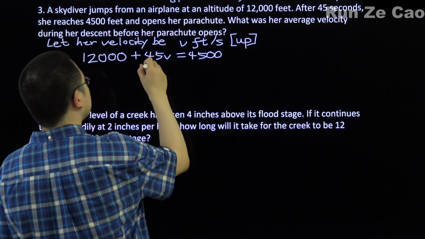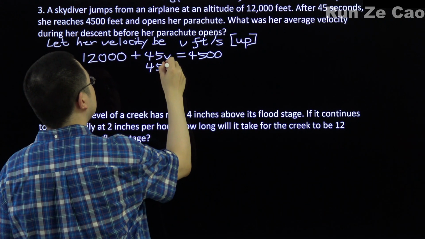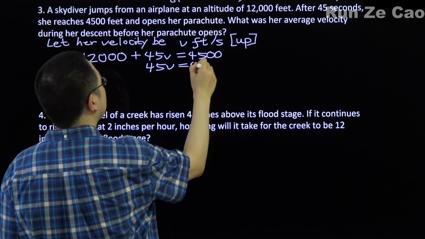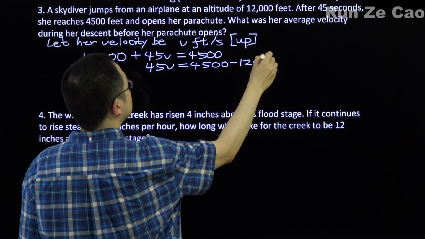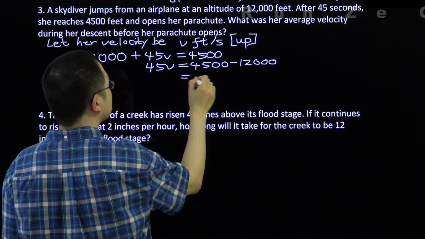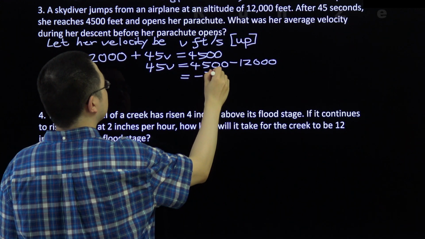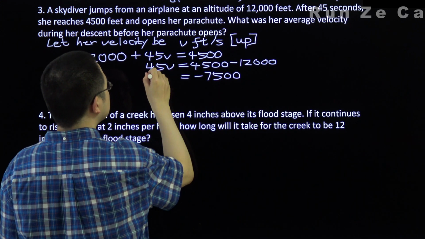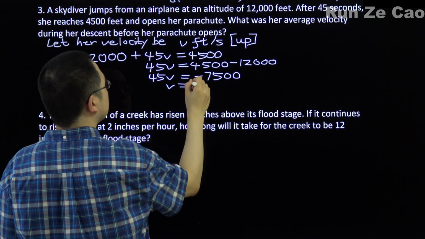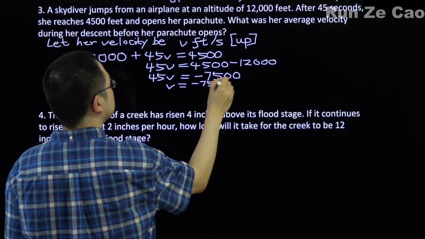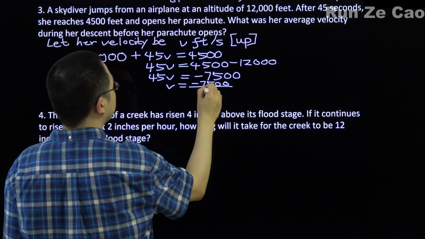Yeah, physics is going to be fun when you guys get around to that. 4,500 minus 12,000. So negative 7,500, 45v, and v is equal to negative 7,500 over 45.